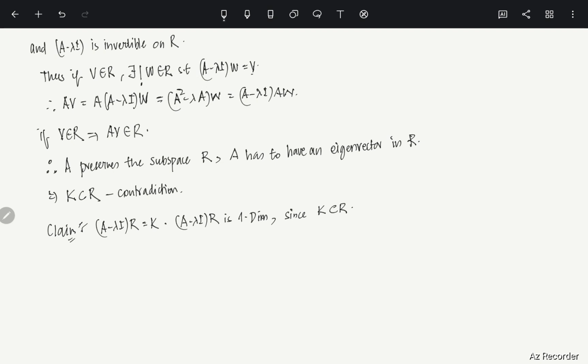Okay. Now, let's say A minus lambda I times R is not the same as K. Then there exists a non-zero vector V which is contained in K, for which A minus lambda I times R has to look like T times V, because it's one dimensional, right?